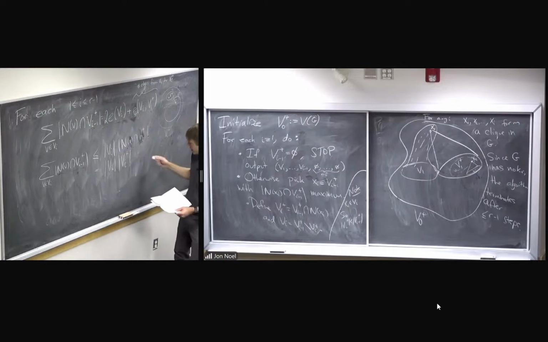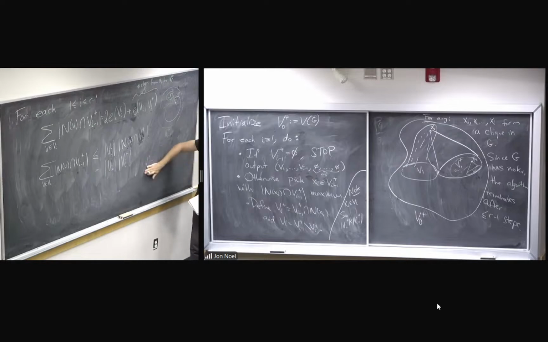And actually, let's notice something: V_i plus is literally equal to, for any i between 1 and r minus 1, the vertices that have not been processed yet when we're doing step i.